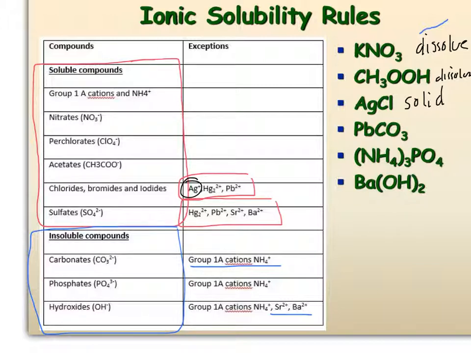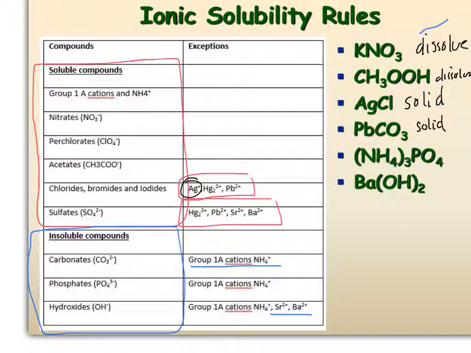Lead carbonate. So I find carbonate. Carbonate is always a solid unless attached to 1A or ammonium. Lead doesn't fall into that group, so this is going to be a solid. And then ammonium phosphate. A couple different places you could look. Anything that's attached to ammonium is soluble.